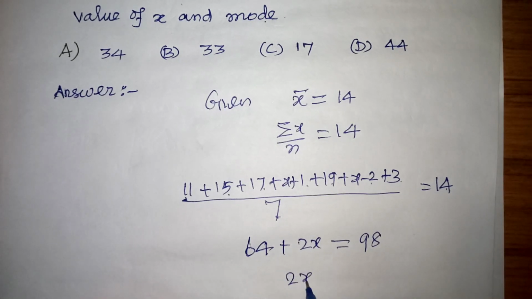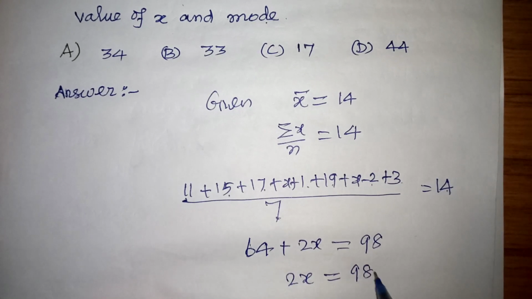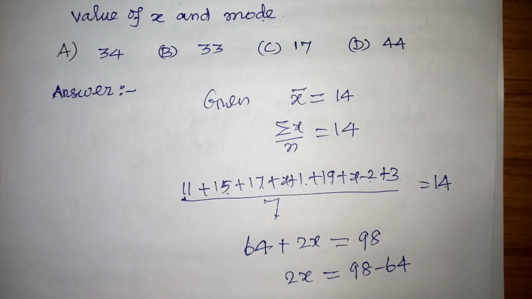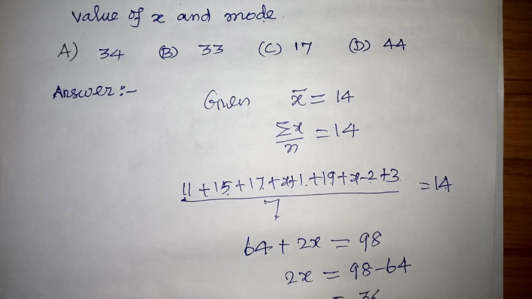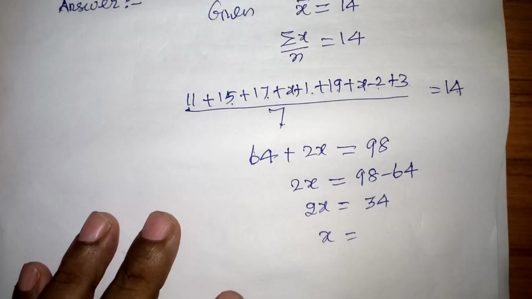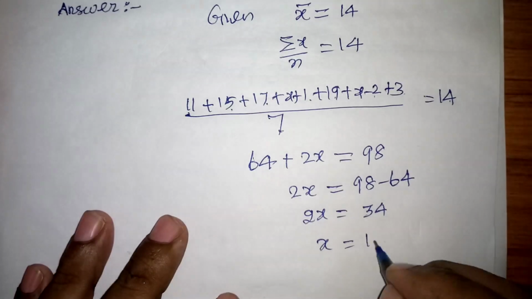Now we need x first. 98 minus 64 is equal to 34. 2x is equal to 34. Therefore x is equal to 17.